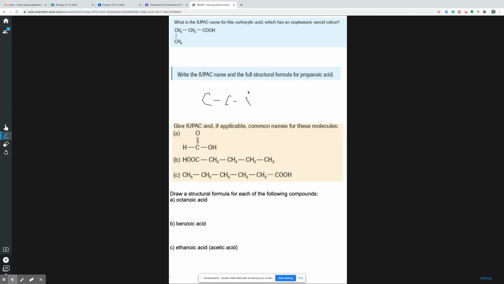And then off the last carbon, we're going to have a double bond to an O, and a single bond to an O, which is bonded to an H. Okay, and then we'll just fill in the H's. This one's full, the double, single, and single makes it have 4. These ones will fill in the H's.